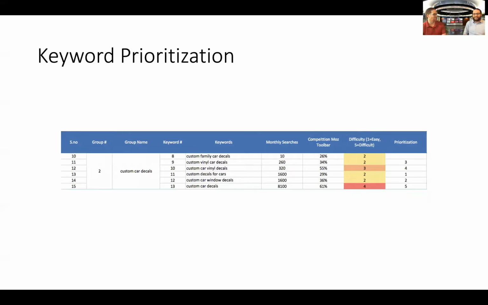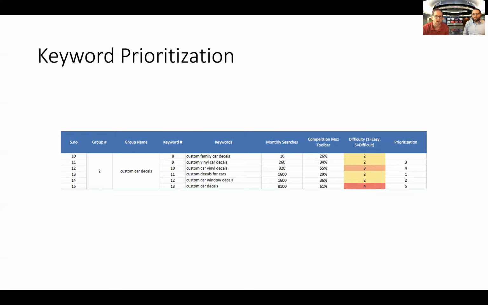And you're back. So how did you do? So for us, we looked at custom decals for cars as our number 1 priority. And you might say to yourself, well, it's not the lowest competition. Danny, didn't we just tell them that it's competition over search volume? And we did, but you've got to use your head a little too.